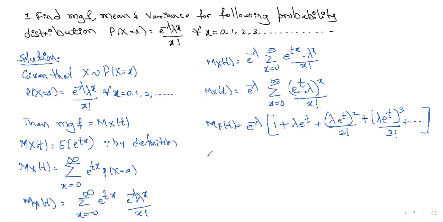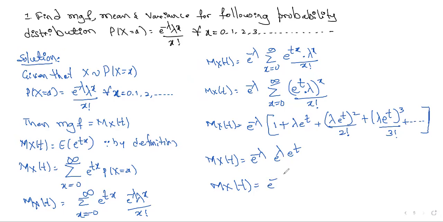So Mx of t equals e power minus lambda as it is, and this sum is equal to e power lambda into e power t. So Mx of t equals e power minus lambda times e power lambda e power t.